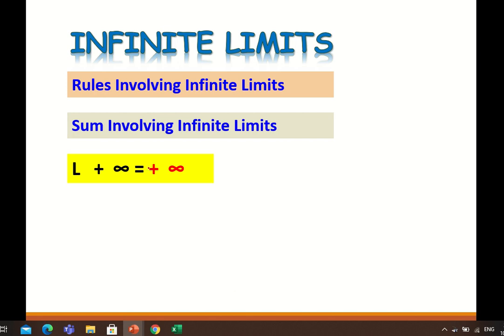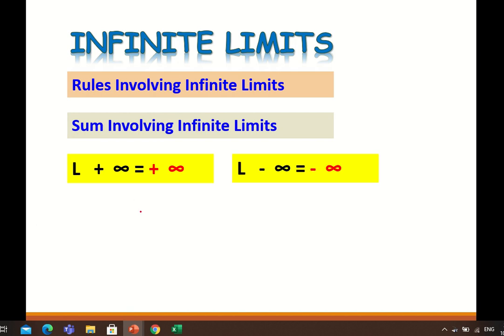So there's no bearing from this value here. Whatever it is, when you add it to a very huge number, it is just a very insignificant value. That's why it yields positive infinity. For example, 1 billion plus 1 is just like 1 billion. So the one there doesn't have a huge effect on the huge number. Okay, so that is what is meant by this rule.